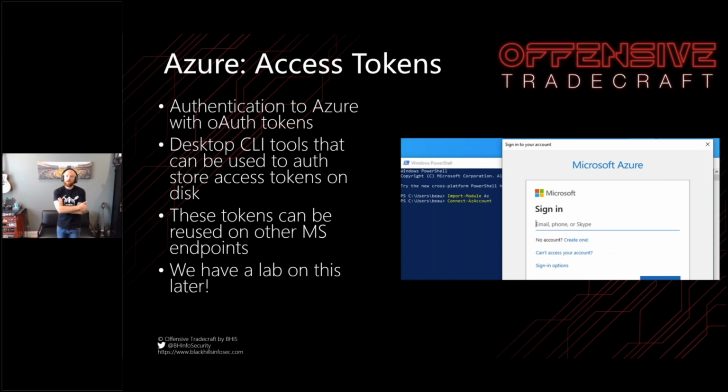OAuth tokens are very, very important. We're going to have a lab later today where we actually are going to steal Azure tokens and then use them to authenticate to Azure. Most of the desktop CLI tools, so things like the Azure PowerShell modules, create tokens on disk. And so if you get access to somebody's system that has utilized those PowerShell modules, you might be able to just straight up steal them and then reuse them.